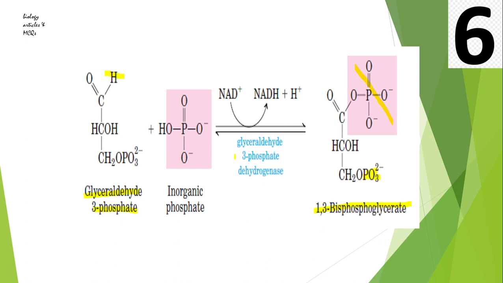At the same time, the NAD positive is also changing into NADH and hydrogen, because this hydrogen is removed from glyceraldehyde 3-phosphate and combined to the NAD positive and converted into its product, that is NADH. So in this step, glyceraldehyde 3-phosphate is converted into 1,3-bisphosphoglycerate.